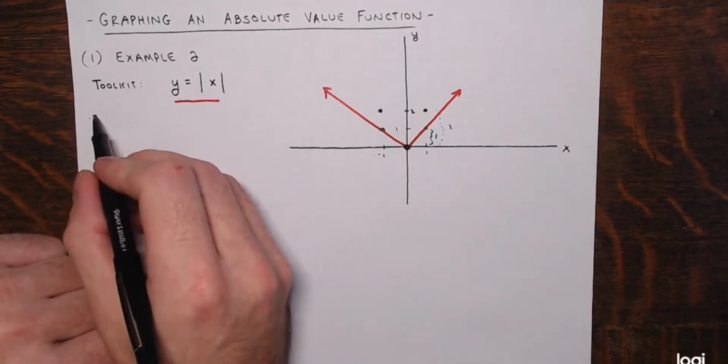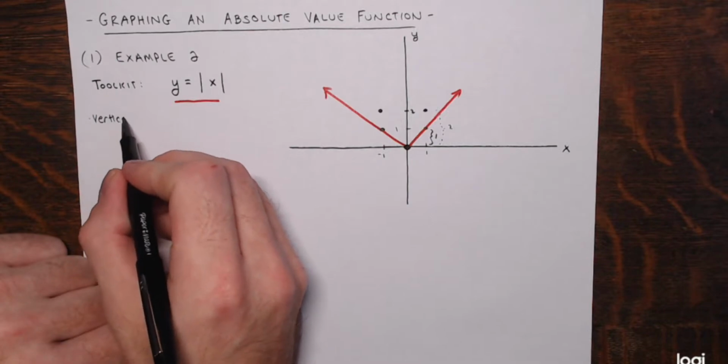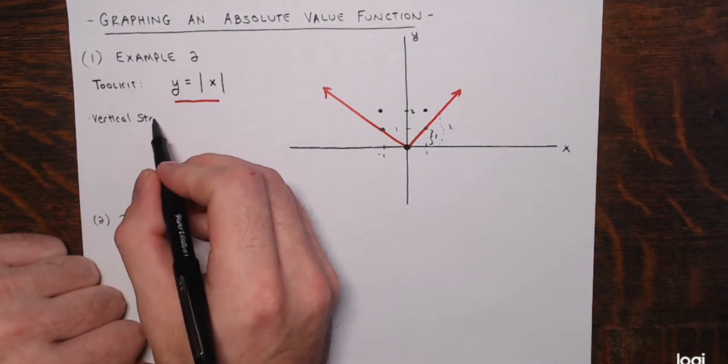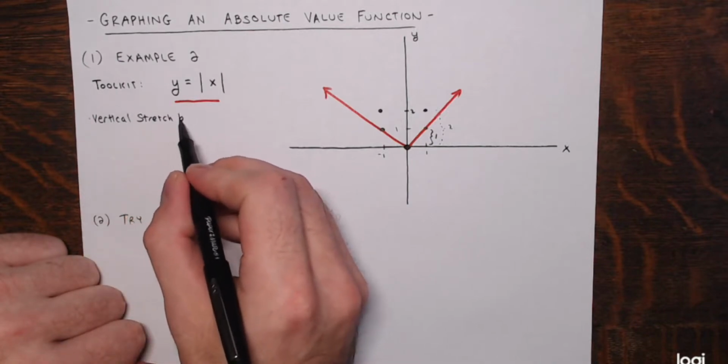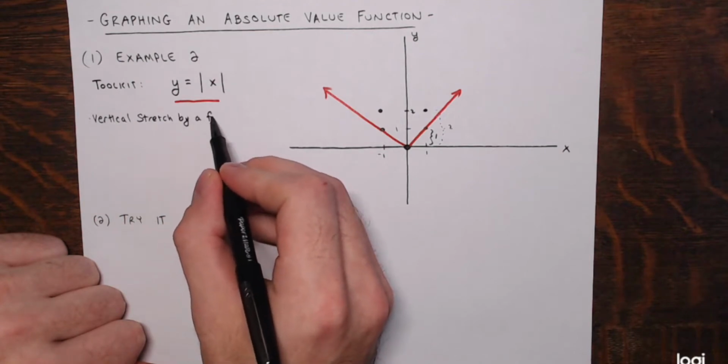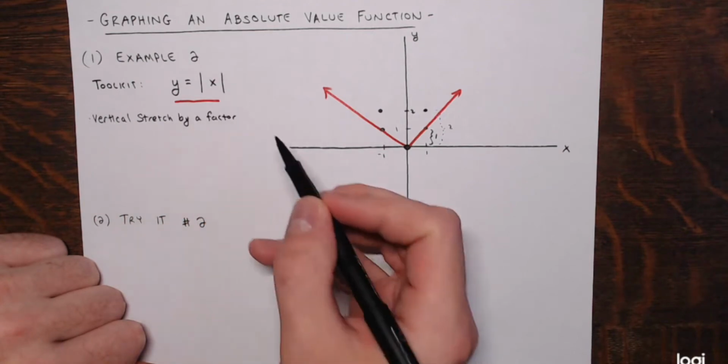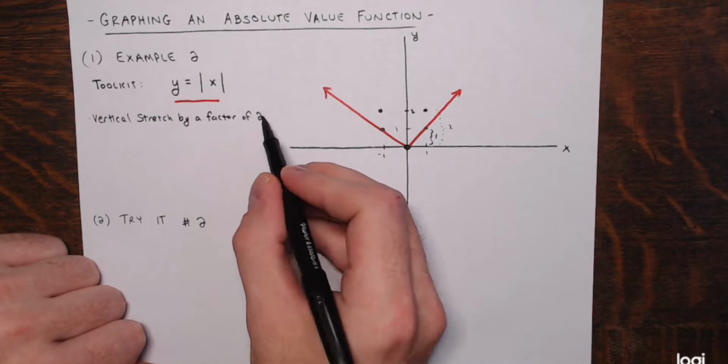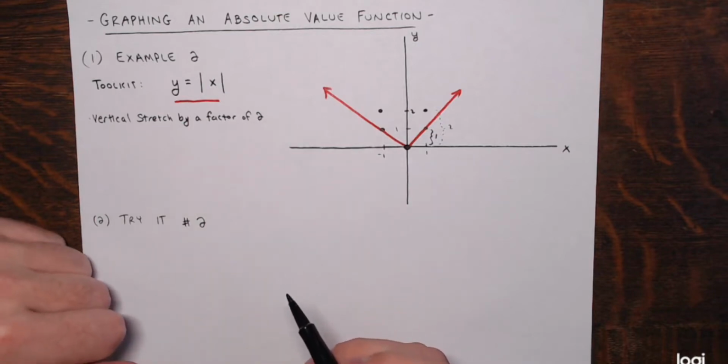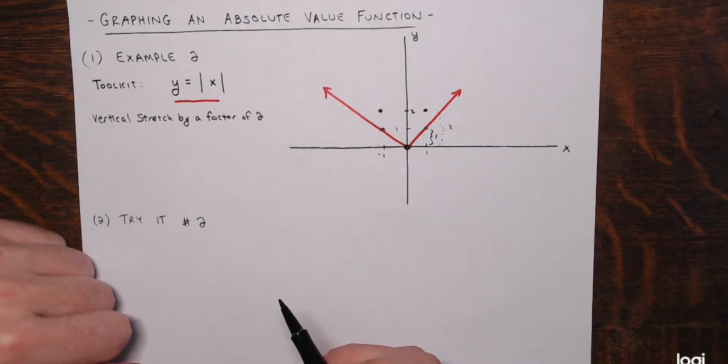So we would next do a vertical stretch by a factor of 2, and I'm going to be assuming here that you know how to perform your function transformations by now. I've done them in previous videos, so I'm not going to explain all of the transformations again.